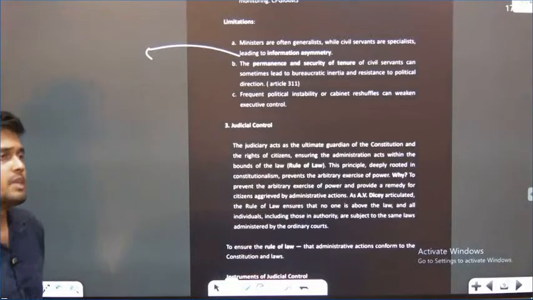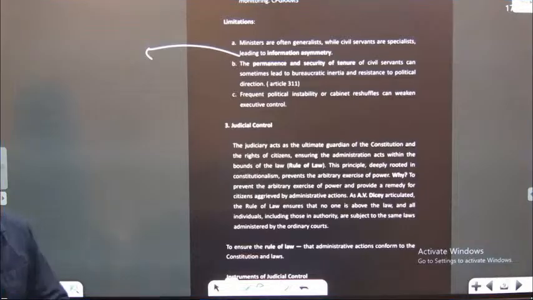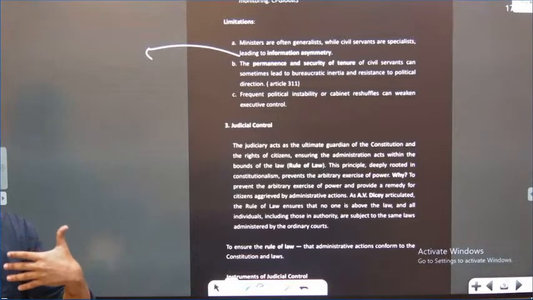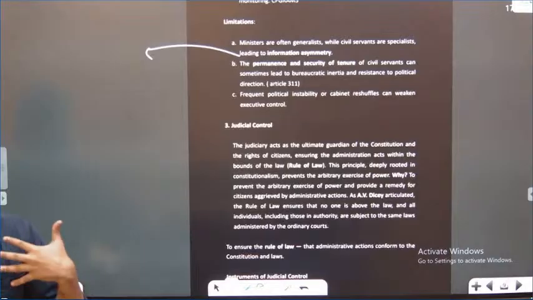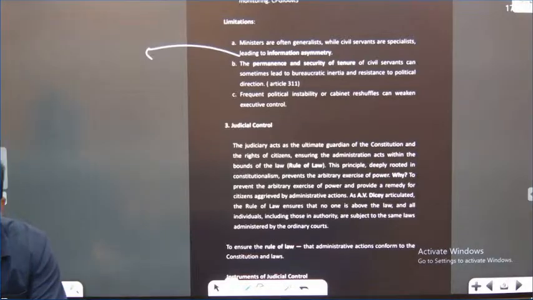What happens is they do not know in detail everything about that ministry. For example, the railway minister or the finance minister. The finance minister does not know everything about Indian finances. One person cannot know everything. So they rely on the bureaucracy.